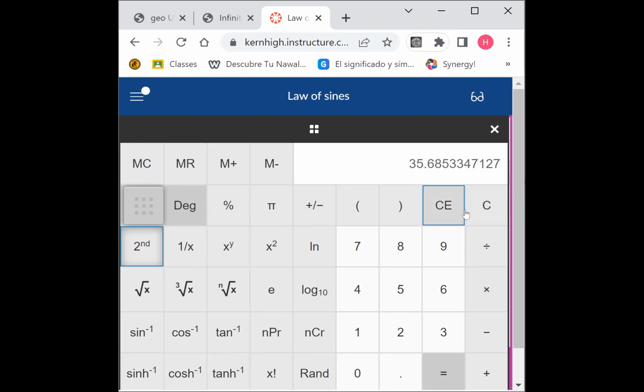So let's see. I don't need this second. So I'm going to go 6 times, I had sine of 137, close parentheses, divided by sine of 17.